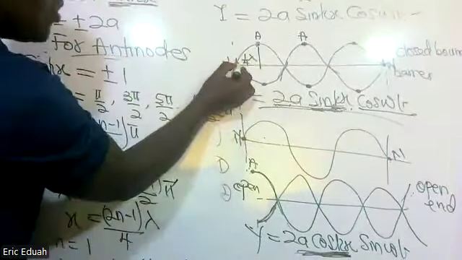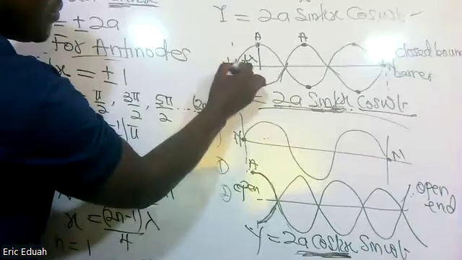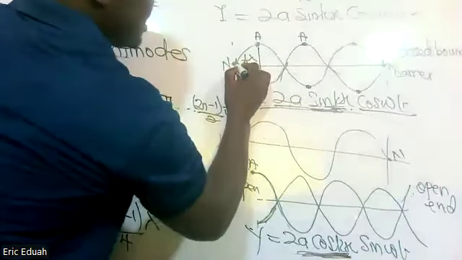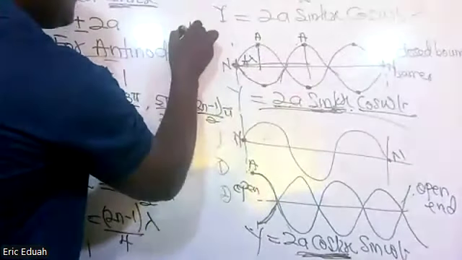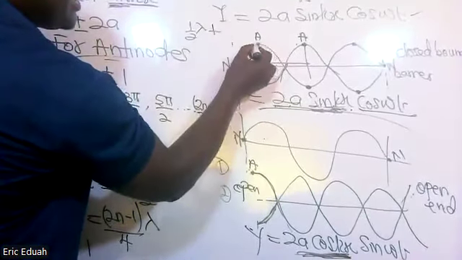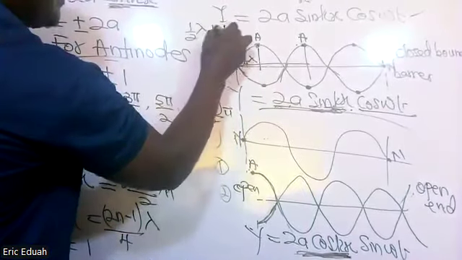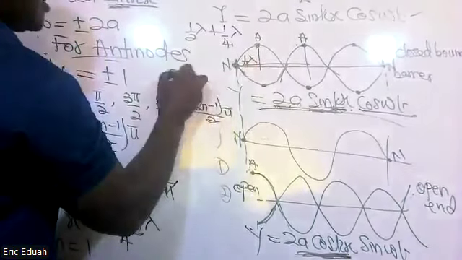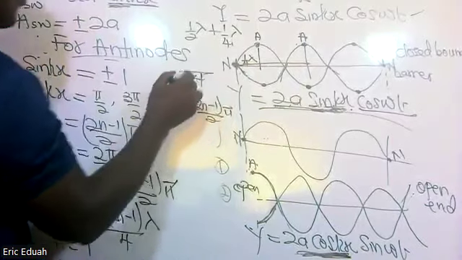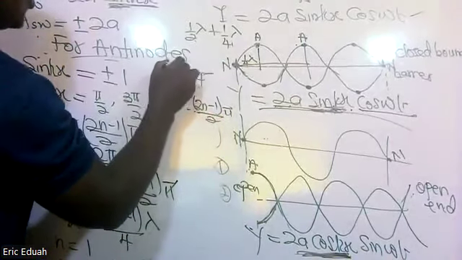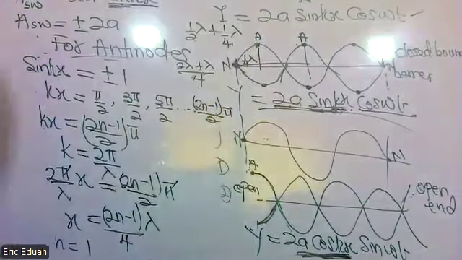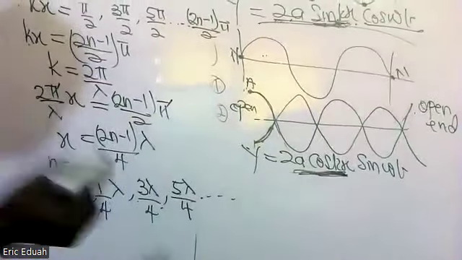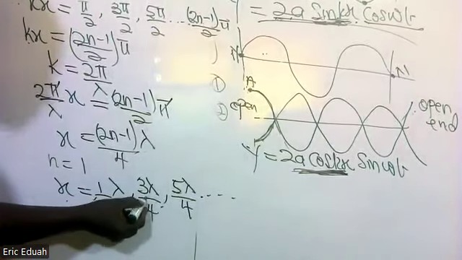So if we want to measure x from here, it will be this whole distance: half lambda plus quarter lambda. LCM 4, this is 2 lambda plus lambda, so 3 lambda over 4. It matches what we have as the second position of antinode.